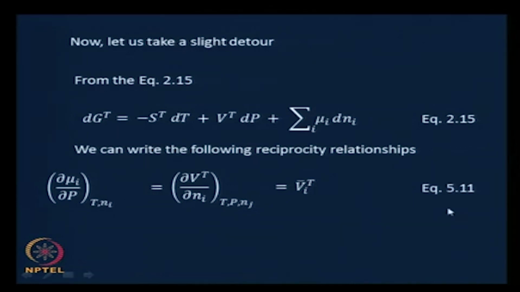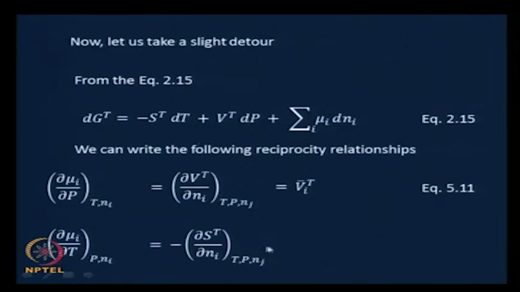Let us call this equation 5.11, and if we do the reciprocity between this and this, we can write ∂μi/∂T at constant P, Ni equals minus ∂St/∂Ni at constant T, P and all other Nj's, where j is not equal to i.